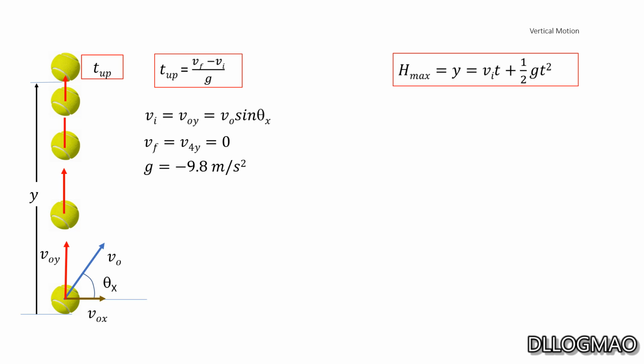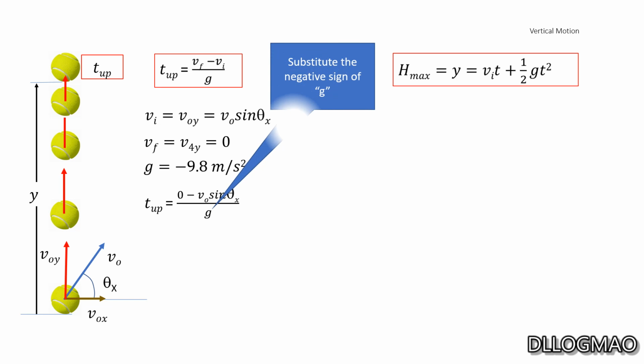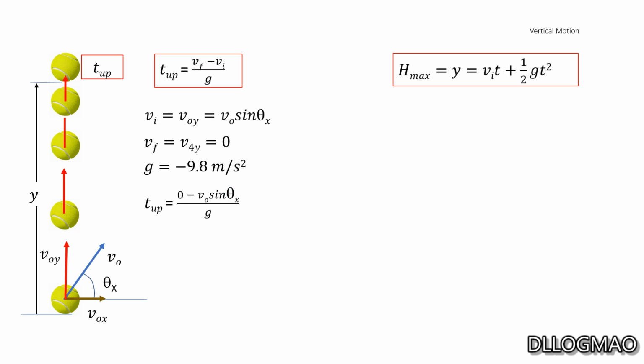Substituting the initial velocity, final velocity, and acceleration due to gravity to the equation above. To avoid a negative result, we substitute the negative value of acceleration due to gravity. With this, in equations of projectile motion, the negative sign of acceleration due to gravity is already integrated.